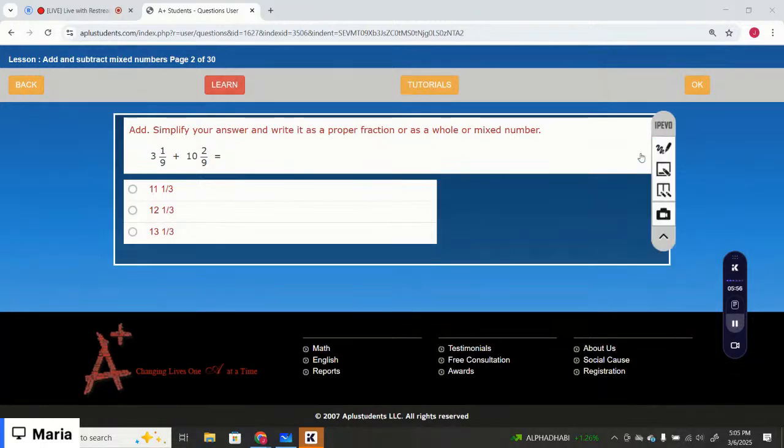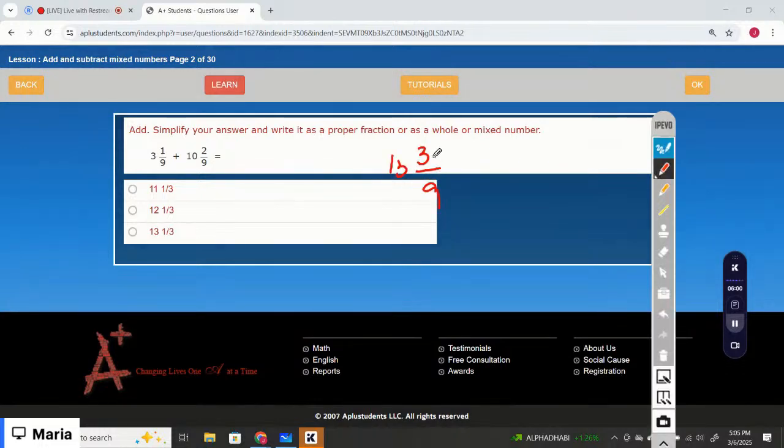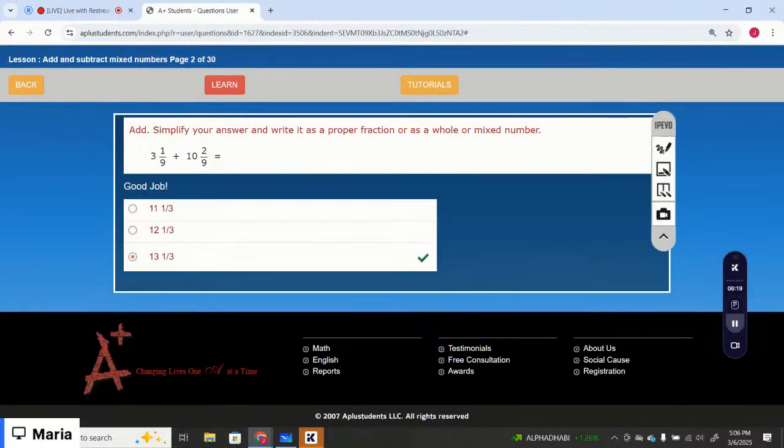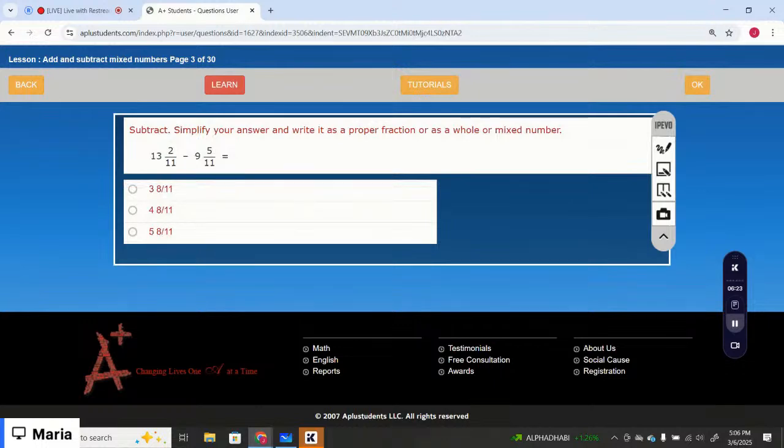That is 13 whole 3 over 9. Or you can take both numerator and denominator, you can divide them by 3. So that is 13 whole 1 over 3. That is option number 3, the correct option.